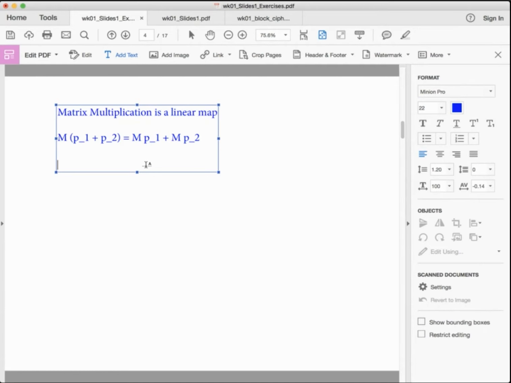Just think of it this way. For convenience, I will write row vectors with transpose.